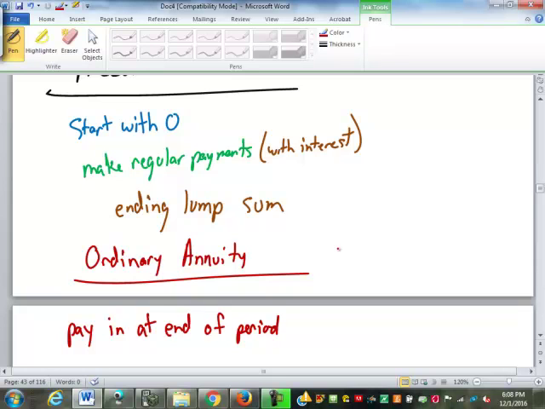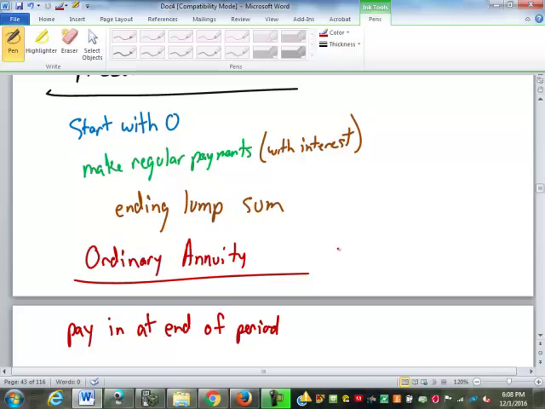Anybody here an accounting major? When you get into intermediate accounting, they'll talk about annuities. And so they'll say the annuity starts on this date, maybe December 31st, 2016.